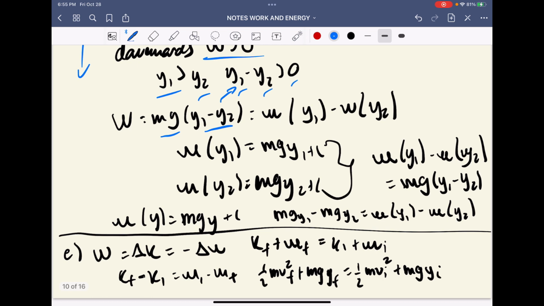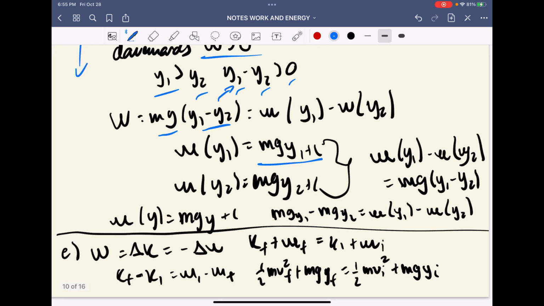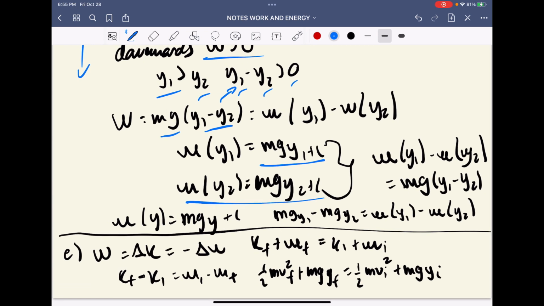Then we have these two equations: U at y1 is equal to mg y1 plus c, and U at y2 is equal to mg y2 plus c. And we establish from this equation that U at y1 minus U at y2 can be equal to mg times y1 minus y2.